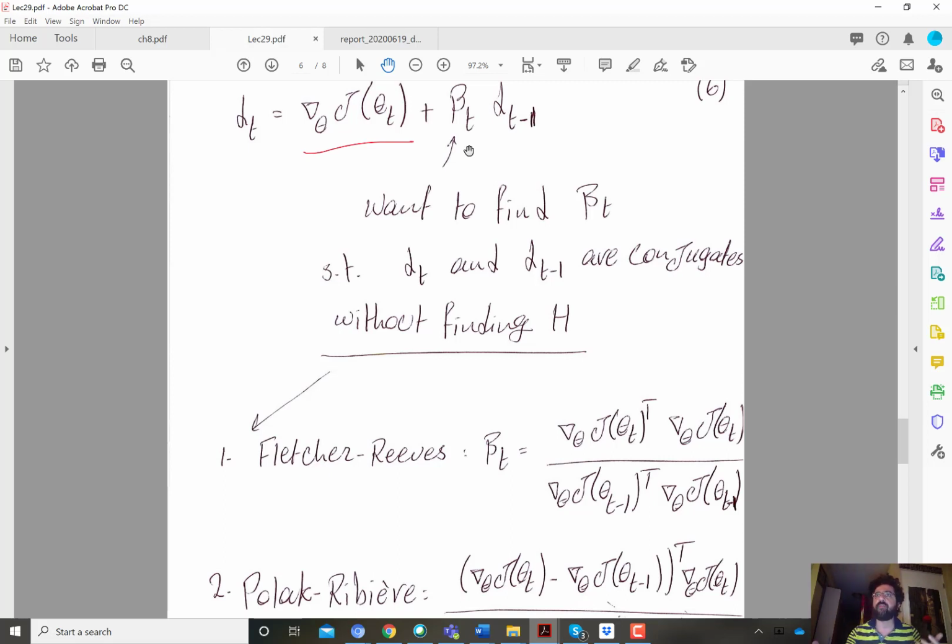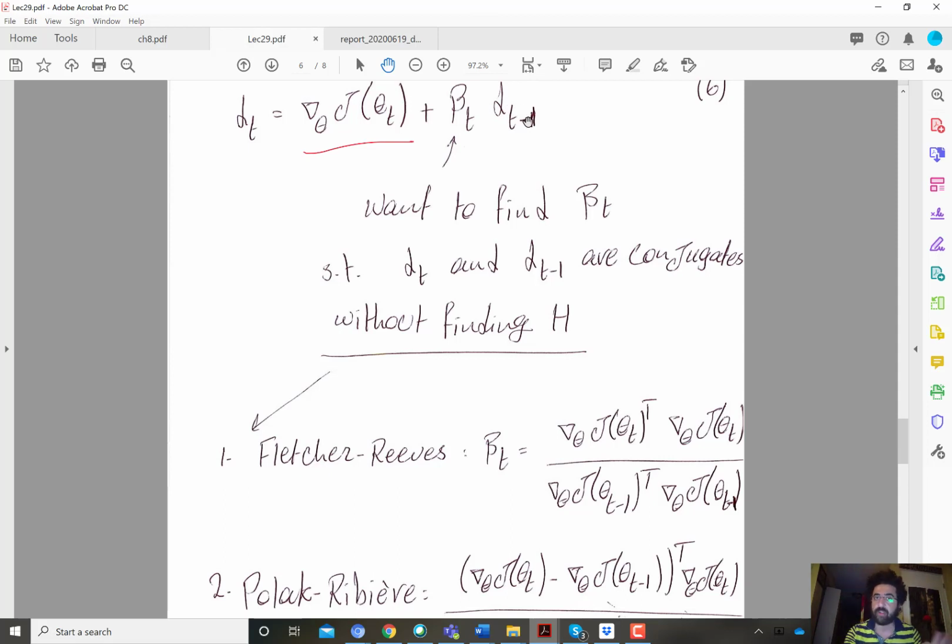So you can think of them as balancing factors between the new direction and the old direction, because all you care about is the direction, not the magnitude, right? So if this gradient with respect to theta t has a much larger magnitude than the one with respect to theta t minus 1, then I add a large factor times the old direction, right? So that they make up times the old gradient, right?